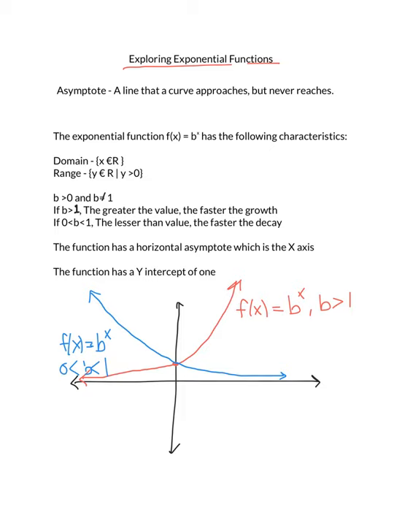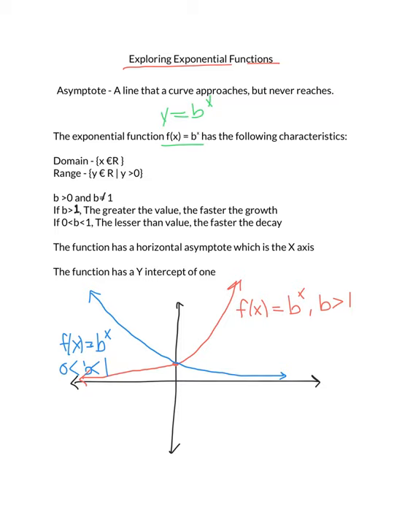When talking about exponential functions, it's important to talk about what the function looks like. An exponential function looks like f of x is equal to b to the power of x, or we could rewrite it as y is equal to b to the power of x. Now, moving on, you can see in the graph below and in the information given here, our domain is x ∈ R. So basically, we can have any single x value possible when we're talking about exponential functions.